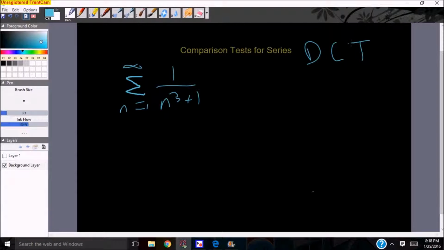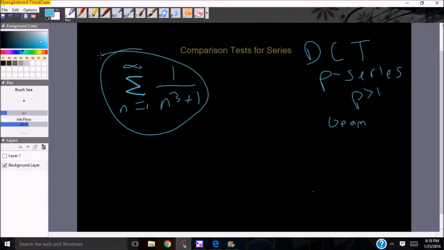Okay, so with the direct comparison test, we're going to want to think of something, normally a p-series. Remember, that's a nice, easy thing to do, because if p is greater than 1, we know it converges, or a geometric series. So when I look at this current one right here, I notice that it says 1 over n cubed plus 1.